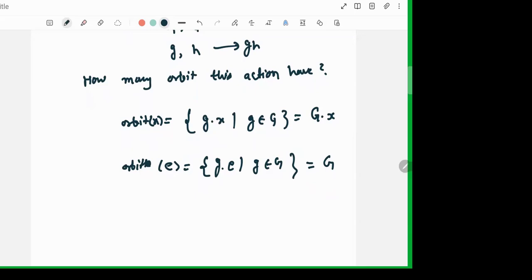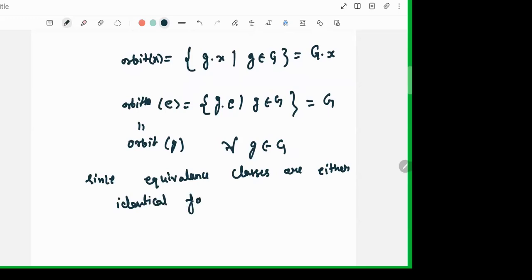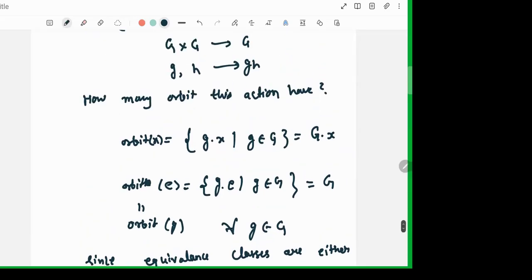So all the orbits are going to be the same: the orbit of e equals the orbit of g for all g belonging to G. Since equivalence classes are either identical or disjoint, there is nothing disjoint here, so they should be identical. This is the basic argument.